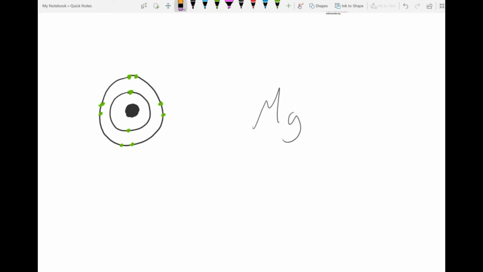And so what that means then, and just to show this to you, magnesium has 12 electrons that it normally has. So 1, 2, 3, 4, 5, 6, 7, 8, 9, 10, 11, 12. And then that is going to be along with 12 protons.